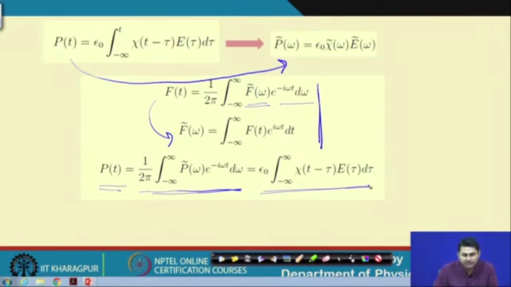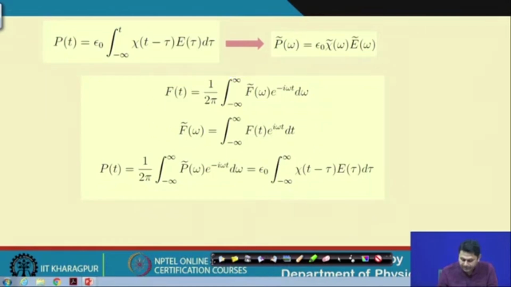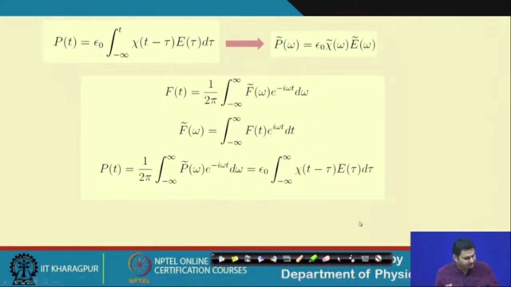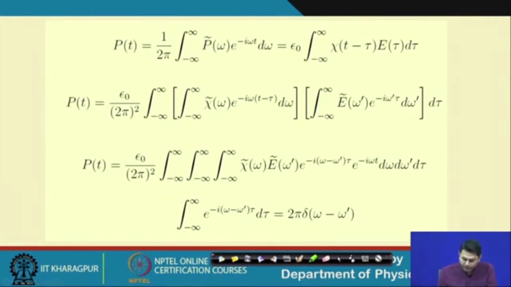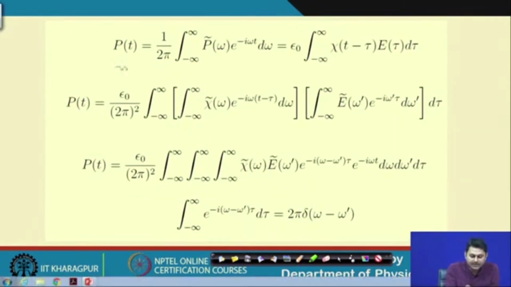This is the relation I am using here. So, on the left-hand side I have something with the Fourier component, and on the right-hand side I am writing something in the time domain. So, next I will go further. P(t) is this, which is equivalent to this quantity, our last equation. Next, we will make a Fourier transform of this and this quantity.